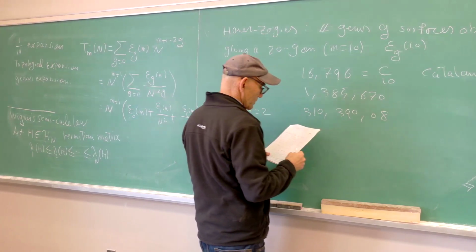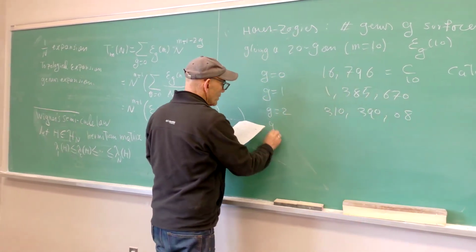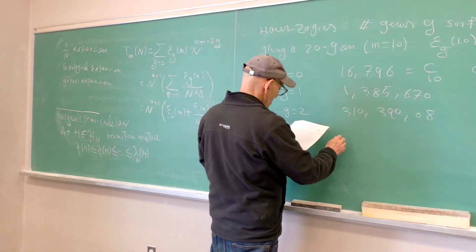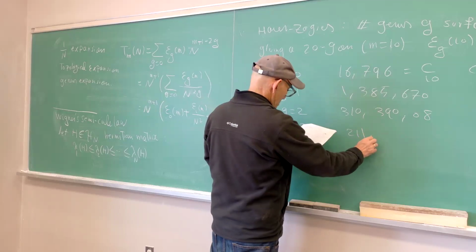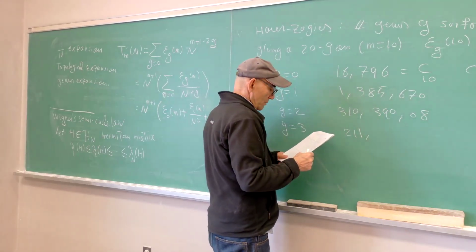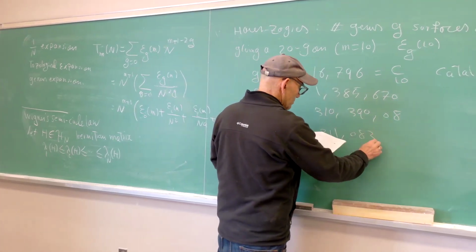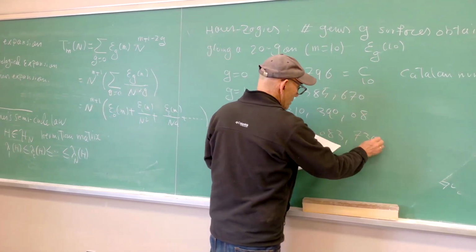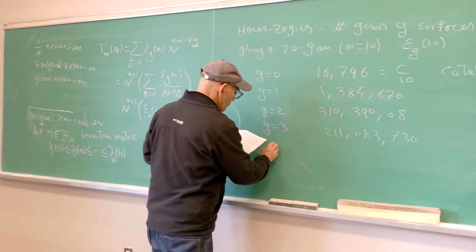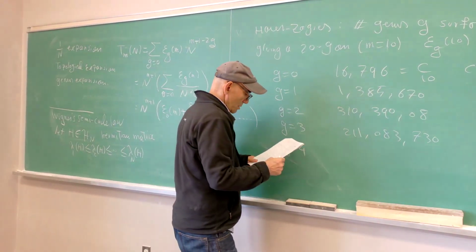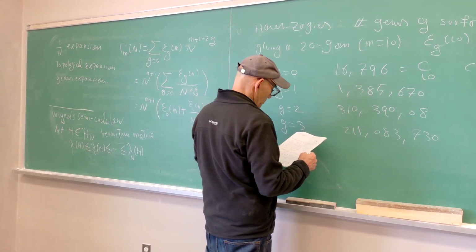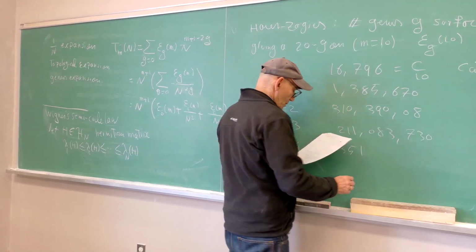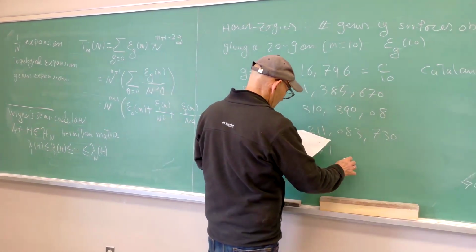8 cases. In g equal to 3, we get 211 million, 83,000, 730 cases. In g equal to 4, you get, I believe, 351,683.